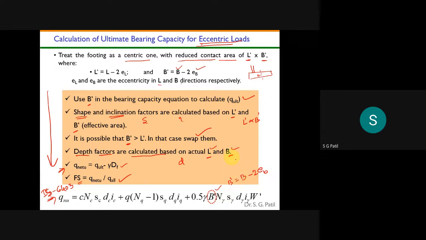Very rarely do they ask problems based on eccentric loading in the question paper, but to be on the complete side, I will solve one problem to clarify the procedure we have discussed here. Once we put it on paper with an example, this procedure will be more convenient to understand.